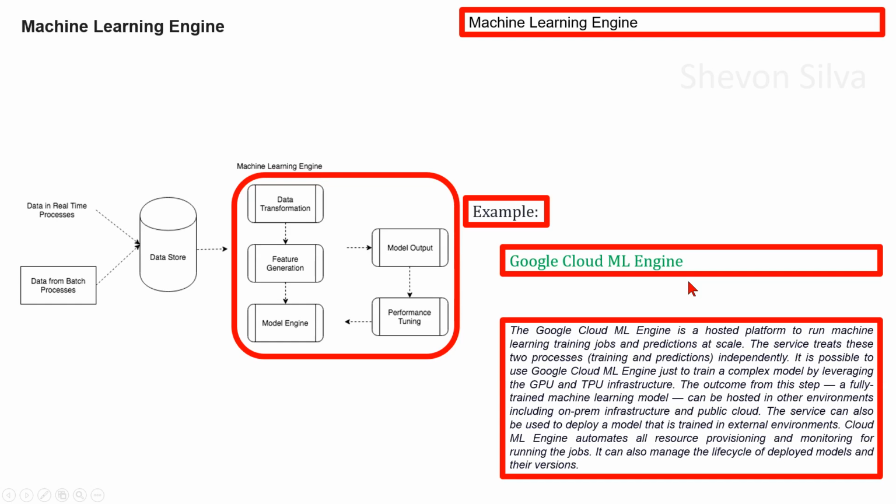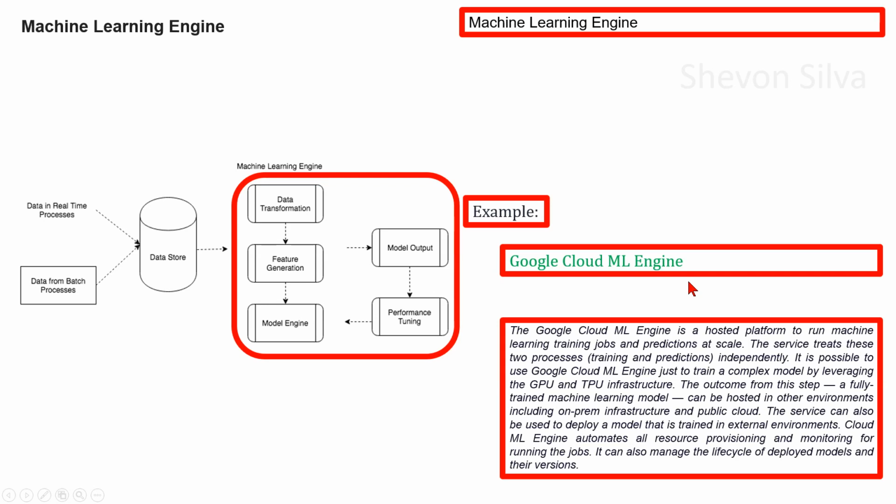It is possible to use Google Cloud ML engine just to train a complex model by leveraging the GPU and TPU infrastructure. The outcome from this step, a fully trained machine learning model, can be hosted in other environments including on-prem infrastructure and public cloud. The service can also be used to deploy a model that is trained in external environments.